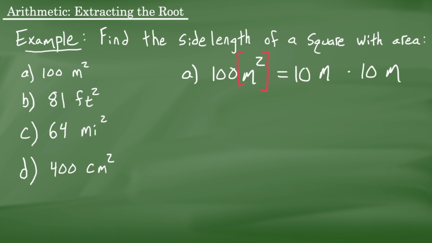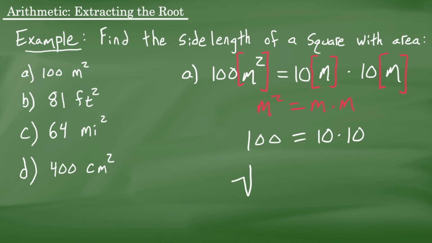And we separate these units. So in a sense, we could write this as two different equations. That a meter squared is equal to a meter times a meter, and that 100 is 10 squared, so it is 10 times 10.